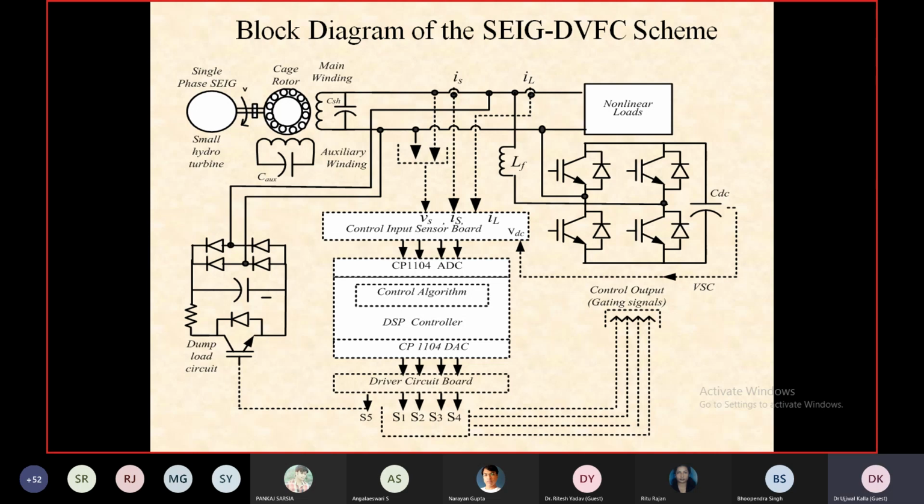Now, this harmonic current compensation through this voltage source converter again can be achieved using two control techniques. One is the indirect control technique, another one is the direct control technique. In 99.999% of cases, people use the indirect control scheme to compensate the reactive power and harmonics.